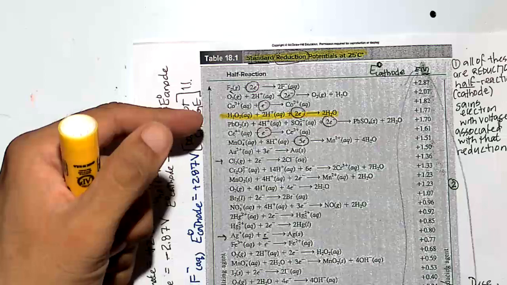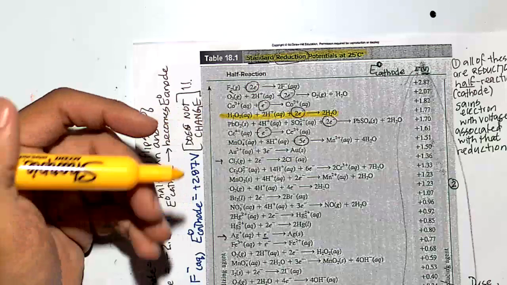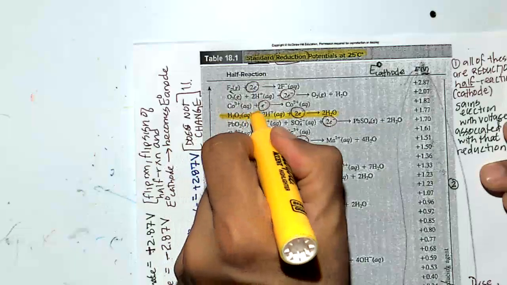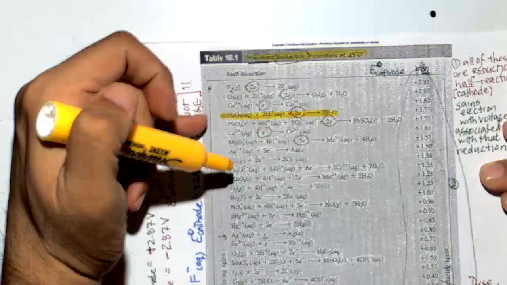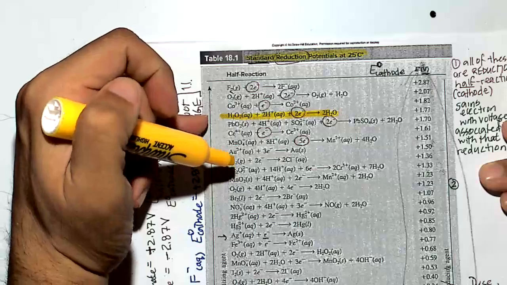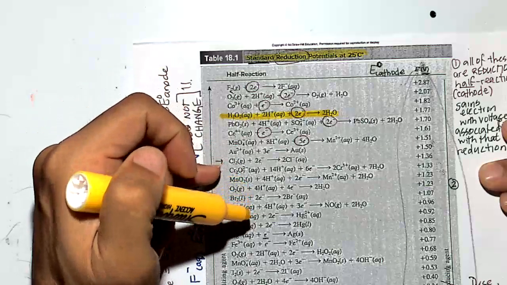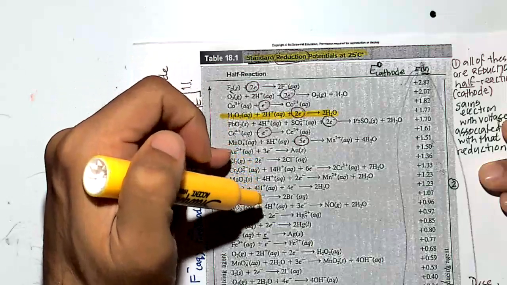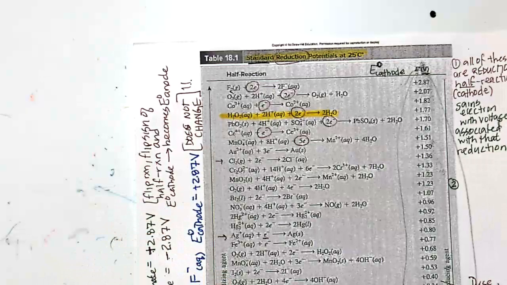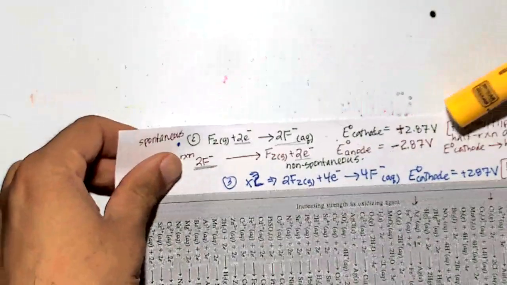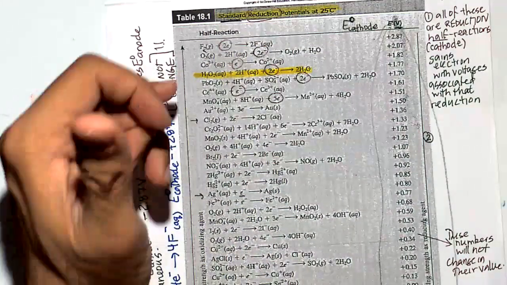The other one has to be the cathode and be reduced. So how do you get a positive voltage? The one that you highlight, any one, but I just chose this one, can flip. In other words, this one can oxidize anything below it. And you'll get a positive voltage, because a positive voltage favors the products.